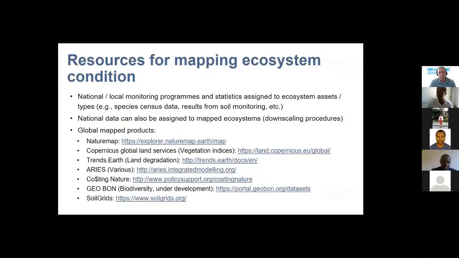There are also a number of map products that you can use to then integrate with your map of ecosystem assets, and I've just set out some of the global products that we sometimes use here, and you can go and look at those if you're interested in applying any of those. But this is just a convenient set. It's not meant to be comprehensive.